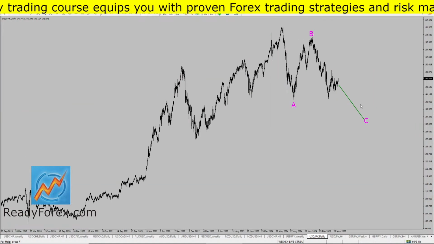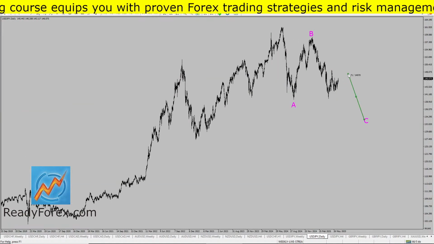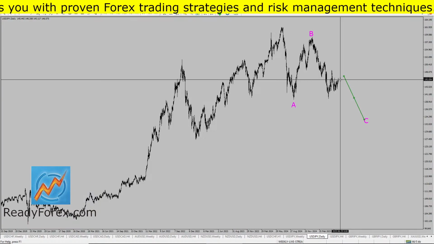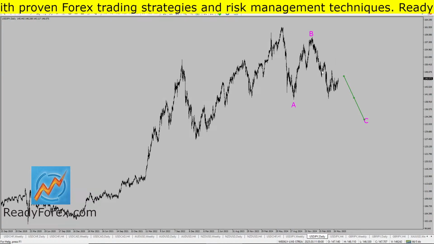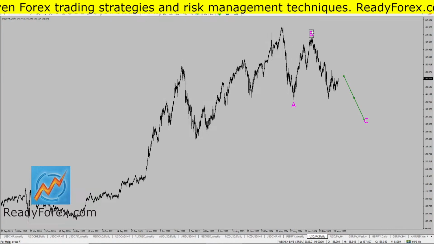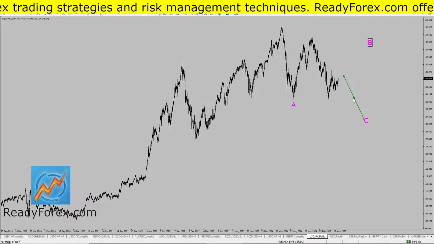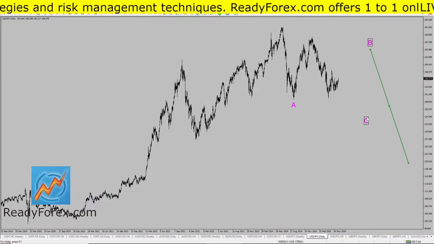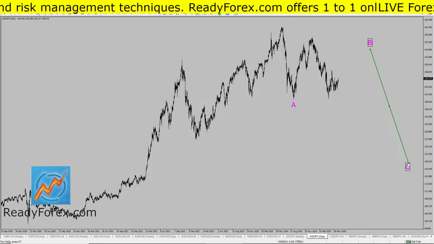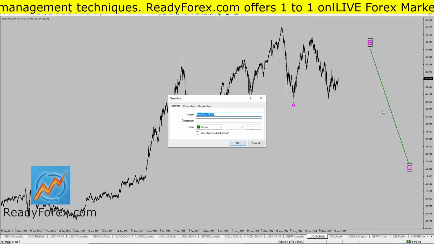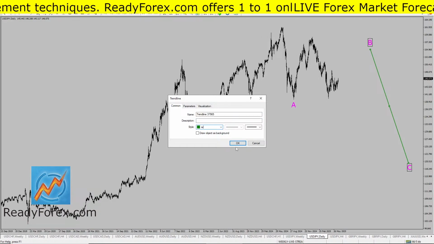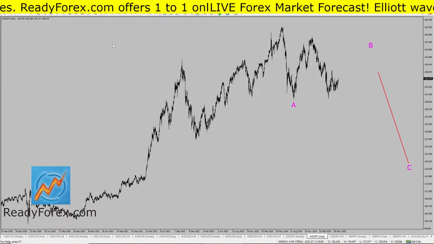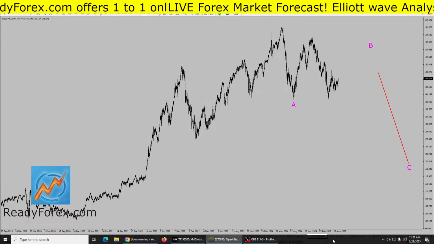We will see. As far as the daily time frame is concerned, the way the market is behaving, it's quite possible price action is going to rise up. So this wave B is going to turn into some kind of a triangle pattern. After the market completes this wave B, the chances are that the price action is going to drop to print bearish wave C. So it looks actually bullish.